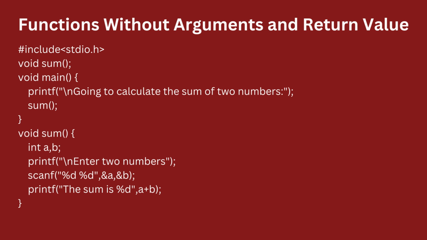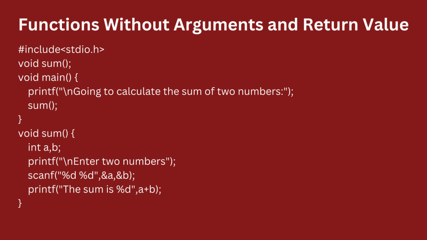As the control comes to this sum function call, it will pass the control to the sum function definition, like here to here. Then it will start execution from the first line of the function body, second line of the function body, till the end of the function body.